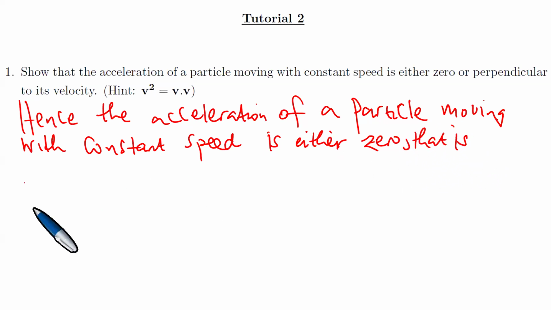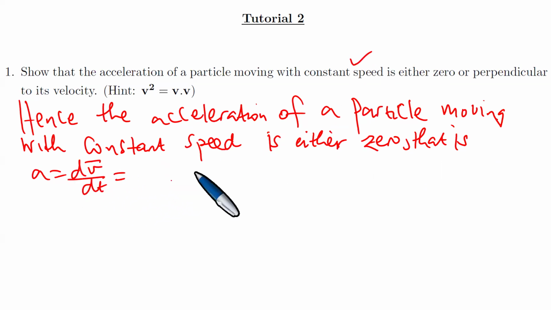That is, the acceleration we said is dv dt, but the speed is constant, so the derivative of a constant is 0, or perpendicular to its velocity. Because if it is perpendicular to its velocity, then we find the dot product of this one with the velocity.